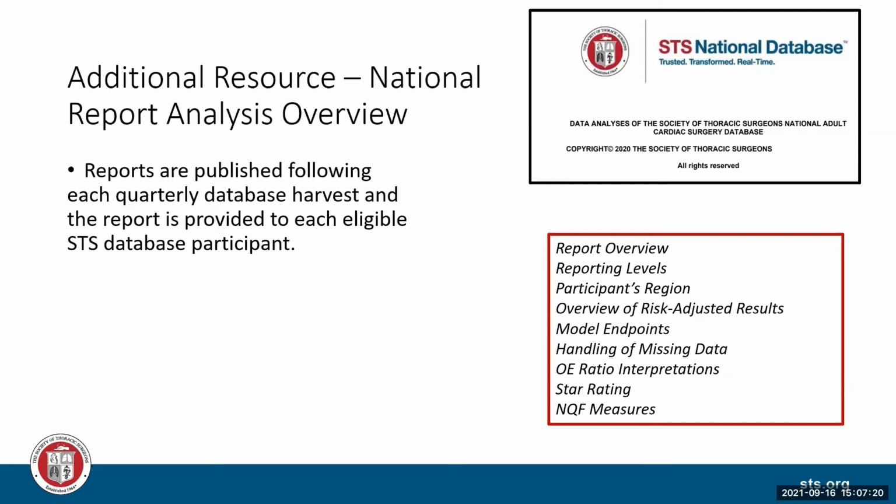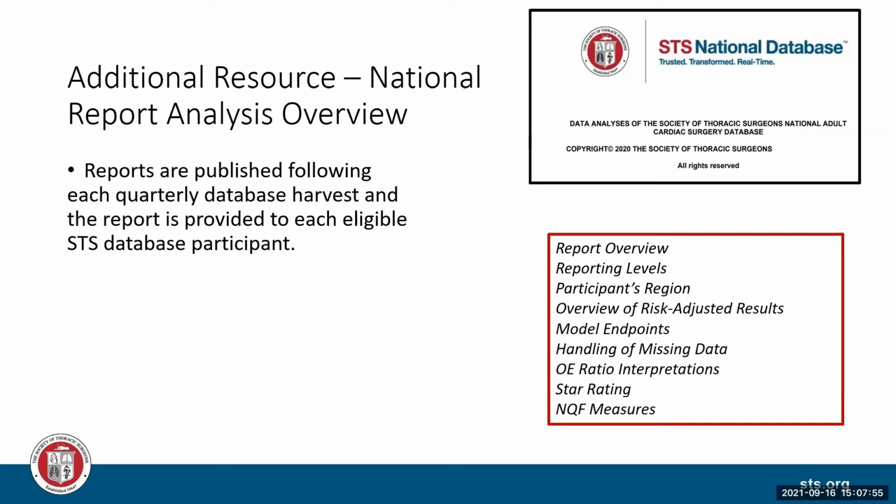So right now we're going to start talking about the National Report Analysis Overview, which you find on the IQVIA website, and I'll show you that eventually, but I want to talk a little bit about this report. This report, in my mind, is sort of like the old Harvest summary report that we used to get, and it has a lot of good information in it.